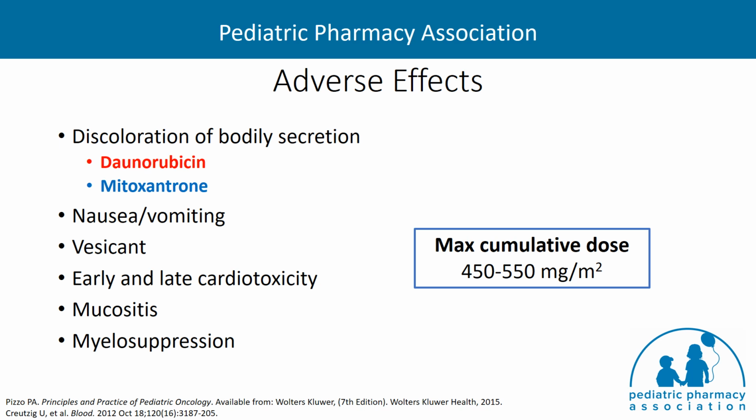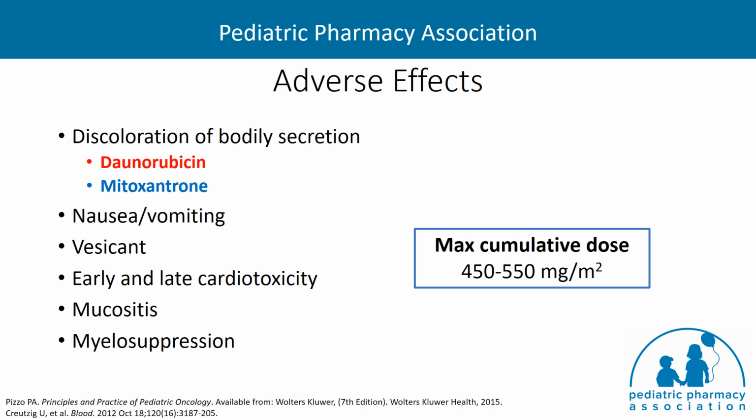And then lastly, in terms of acute side effects, these medications are considered to be vesicants, meaning that if extravasation does occur, both severe local tissue injury but also necrosis could result. Due to this, it is always recommended that these agents are administered through a central line if at all possible.